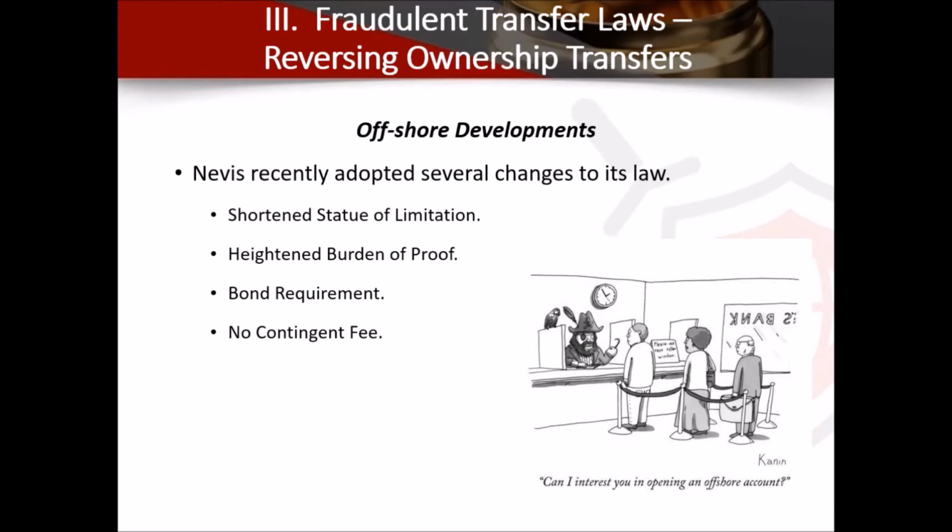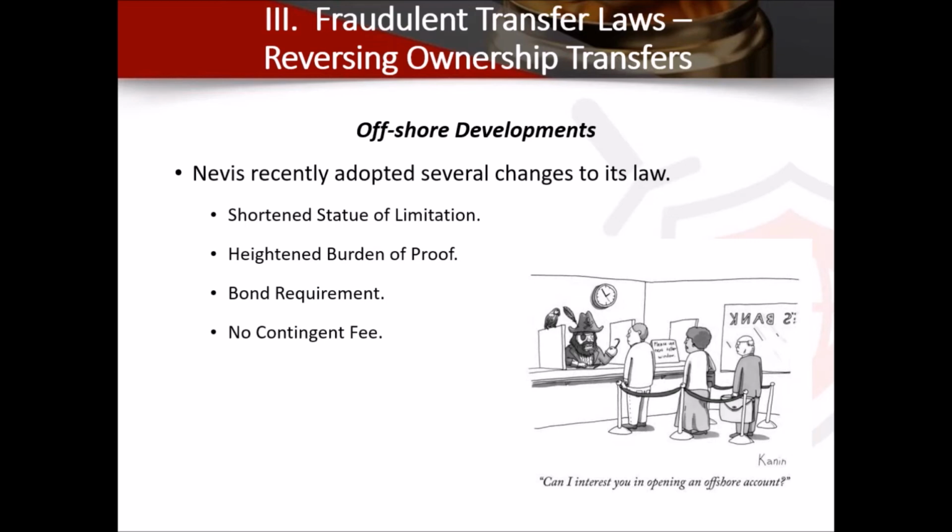Part of that is limiting this debacle of fraudulent transfer. The statute doesn't stay open for a year. We don't know when it closes. We don't have to give notice to close up that one-year period.